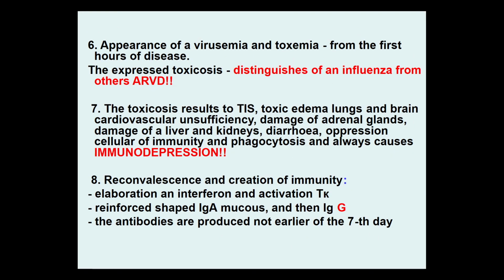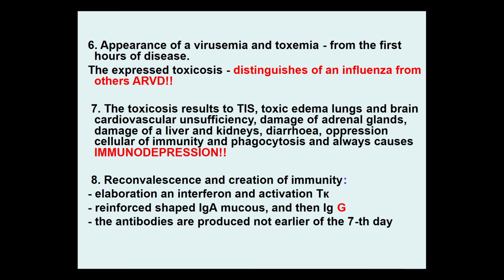Viremia and toxemia appear from the first hours of the disease. Expressed toxicosis distinguishes influenza from other acute respiratory viral diseases. The toxicosis results in infectious toxic shock, toxic edema of the lungs and brain, cardiovascular insufficiency, damage of the adrenal glands, liver and kidneys, diarrhea, suppression of cellular immunity and phagocytosis, and always causes immunosuppression.